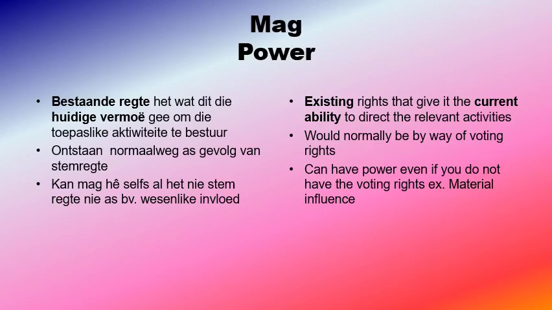And the voting rights are usually allocated based on the number of shares that you have. So normally each share has one voting right attached to it. Now, you don't necessarily have to own shares before you have voting rights. So there can be other ways you get voting rights as well. And we'll look at them in a little bit.